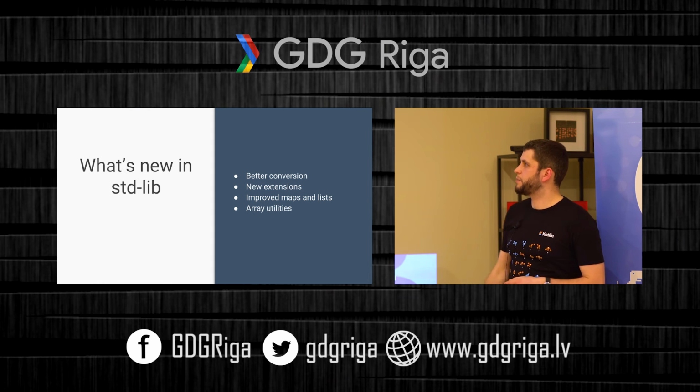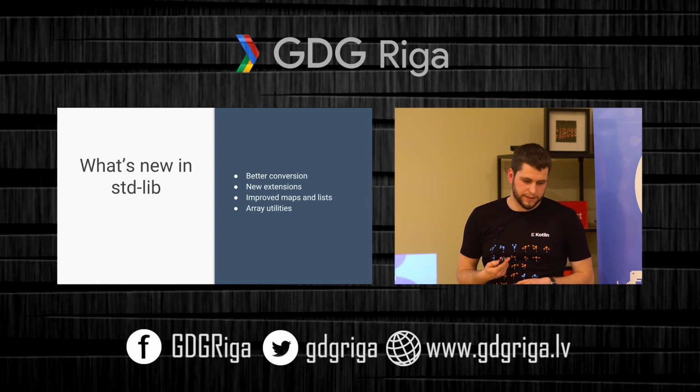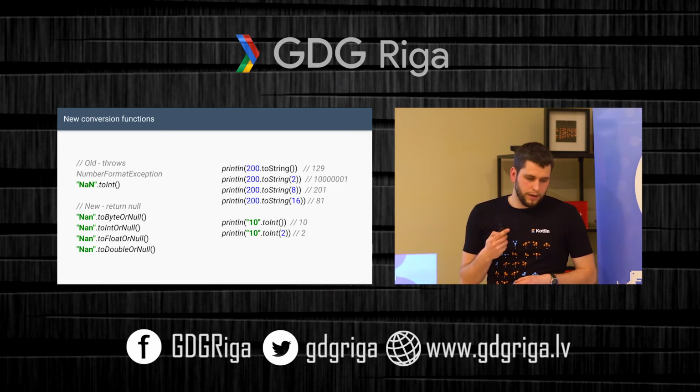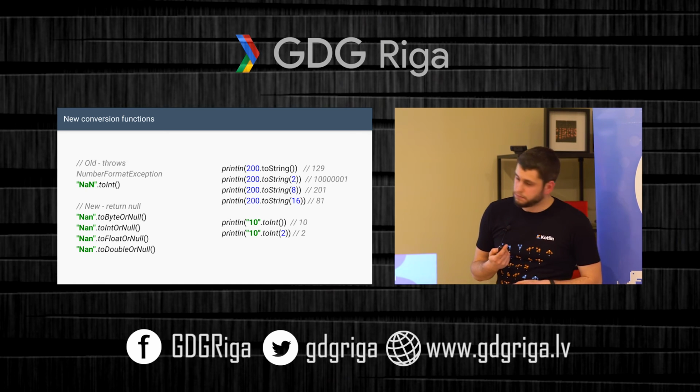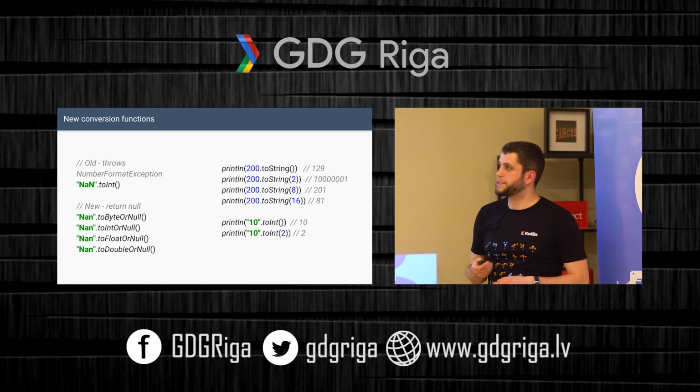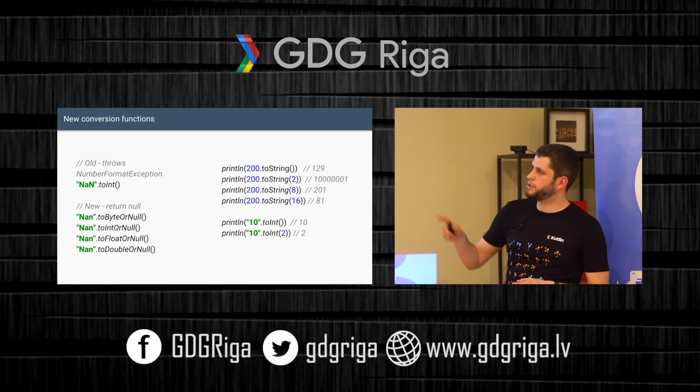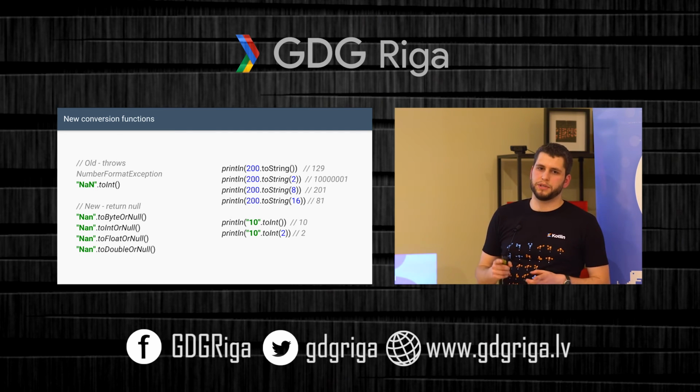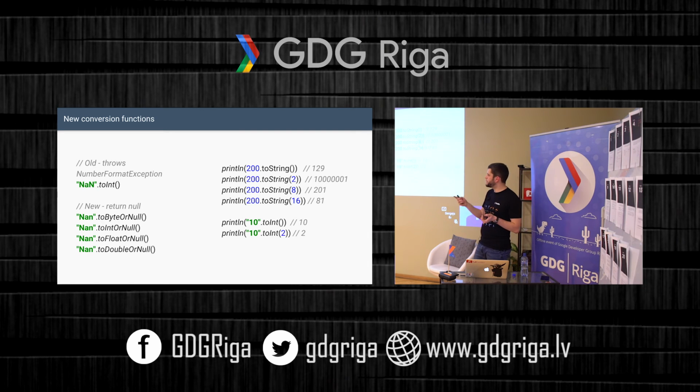So, standard library, what has changed in the standard library? Conversion functions became a bit more safe, because previously we had only two something. So string to int converts string to integer, int to double, double to int, whatever, all possible variations, I think. But all of those things were throwing format exceptions as soon as there is something not formatted correctly.